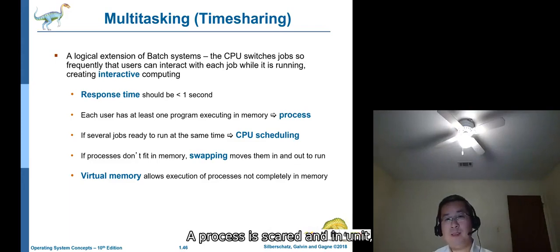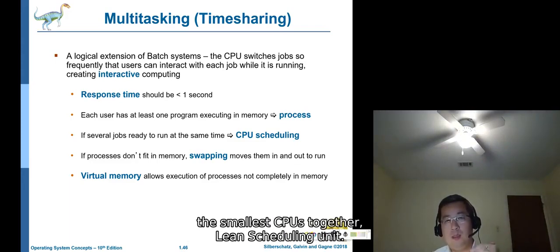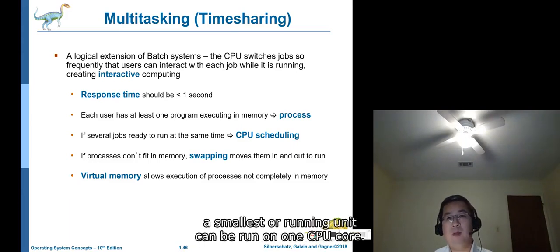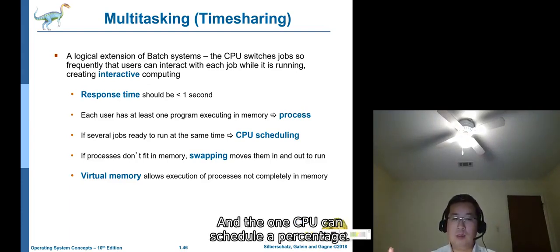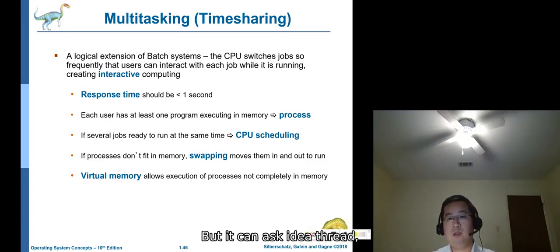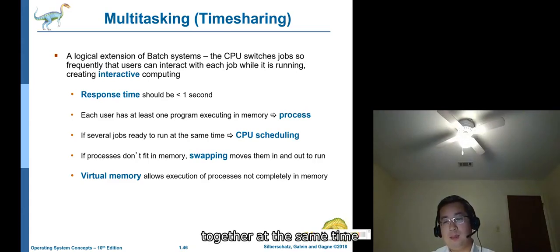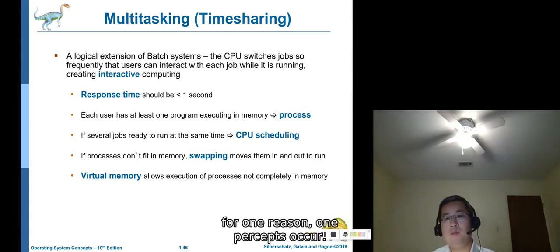A process is a scheduling unit, the smallest CPU scheduling unit, and the thread is the smallest running unit, meaning it can be run on one CPU core. One CPU can schedule a process but it cannot schedule a thread, because you must run all the threads together at the same time within one process.